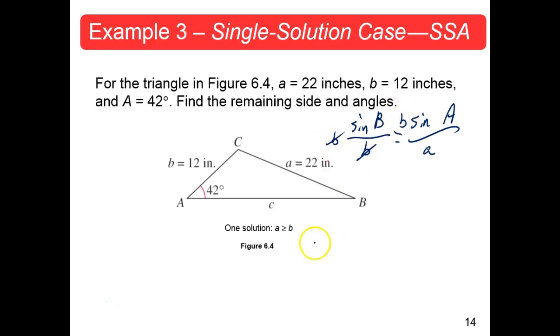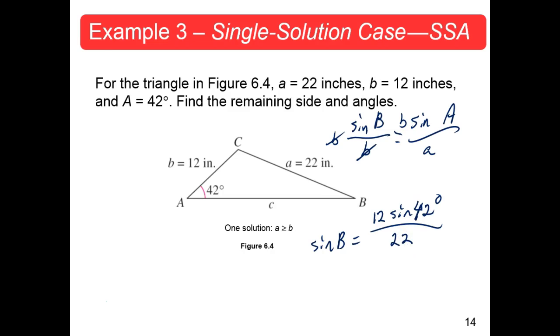Okay, so now you get sine of capital B, one of the things you don't know, is equal to the little b, which you do know, 12 inches, times the sine of A that you do know, which is 42 degrees, divided by the little a, which we know is 22 inches. Looks like something you can do.